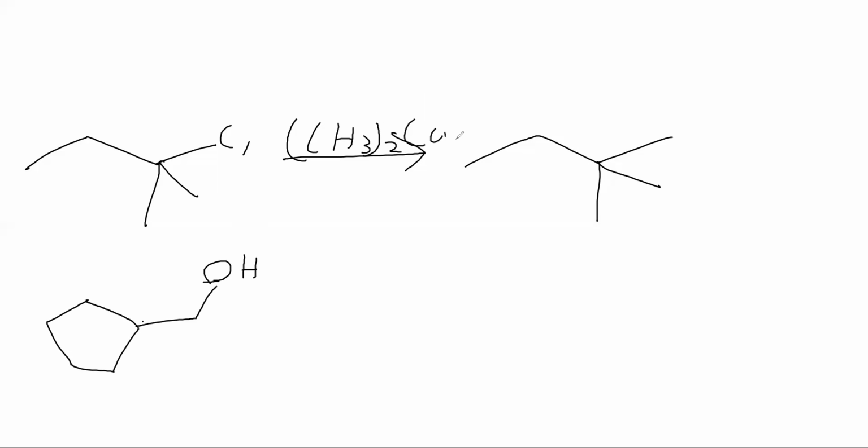So CH3CuLi, and you should do this in an ether solvent. I think the solvent's kind of important here. So we just have two methyl groups attached to a copper, and then one of those methyl groups just replaces the halogen. And that's this methyl group here. That's all it was. So that's not too bad.